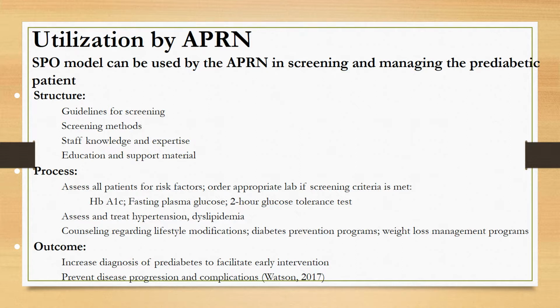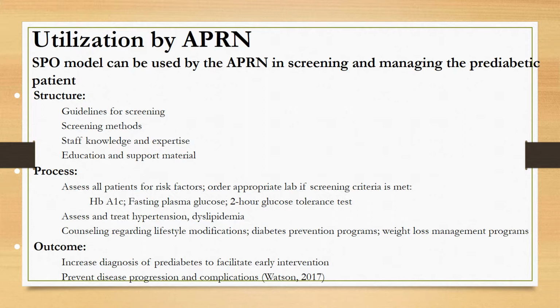Under the structure measures, this would include guidelines for screening, in which the American Diabetes Association recommends screening all adults beginning at age 45 and younger adults who are overweight or obese with at least one additional risk factor, screening methods to test for prediabetes, staff knowledge and expertise, as well as education and support material available to patients.